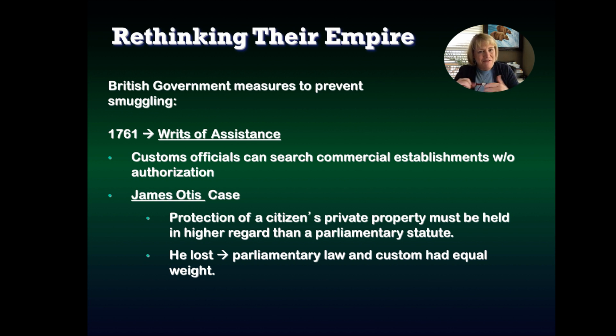But if this sounds familiar, this is why we have in the Bill of Rights that you cannot have an illegal search and seizure. So what we're starting to see as we move through, and I know this is a lot, is foundational elements coming out of the treatment of English colonists by the government that will become part of our government today that protects us from the same things happening over and over again.